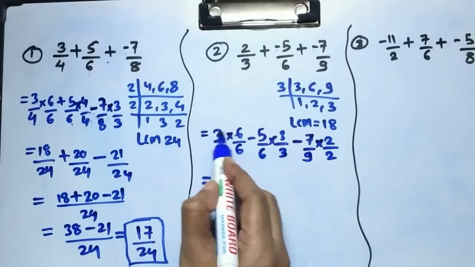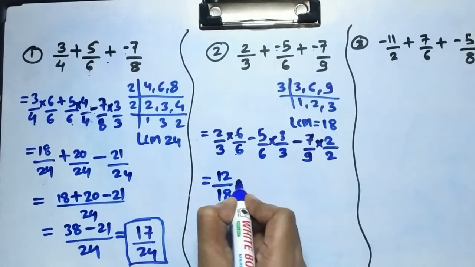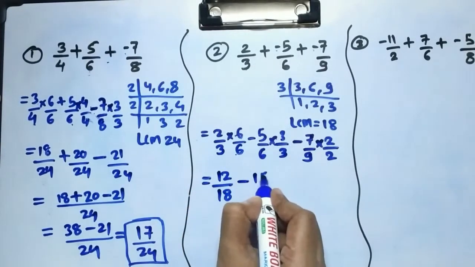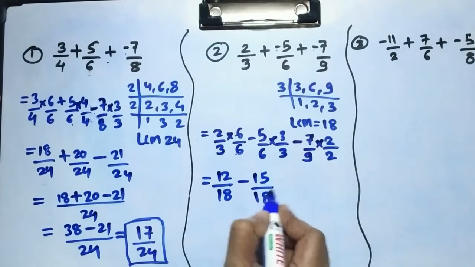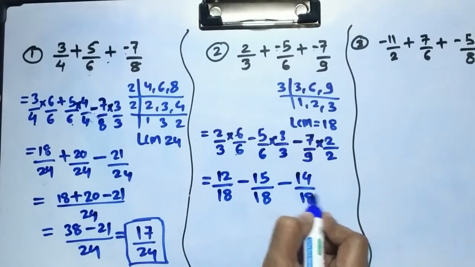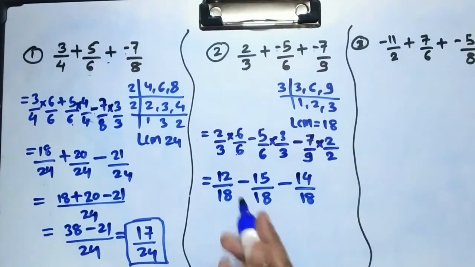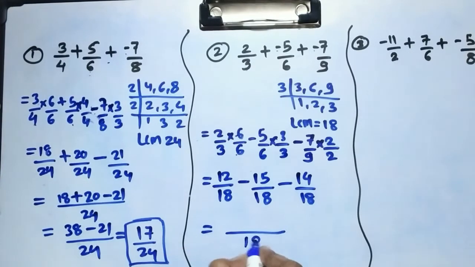Now perform the numerator products: 6 2s are 12, minus 5 3s are 15, minus 7 2s are 14, and denominator 18 each. Friends, observe this: now you get equal denominators. Write down the denominator once and perform the operation on the numerators.